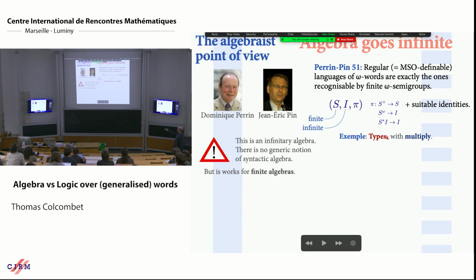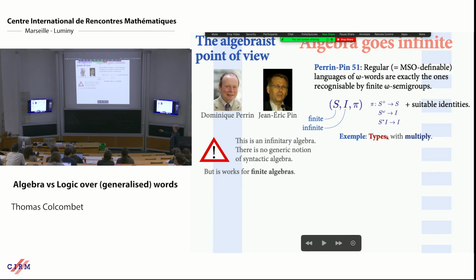So here I should say two things. First, it is an infinitary algebra because now this operation maps infinite sequences of elements to elements. So the generic things that I've said about using universal algebra in this context do not hold. You don't have in general a syntactic algebra.